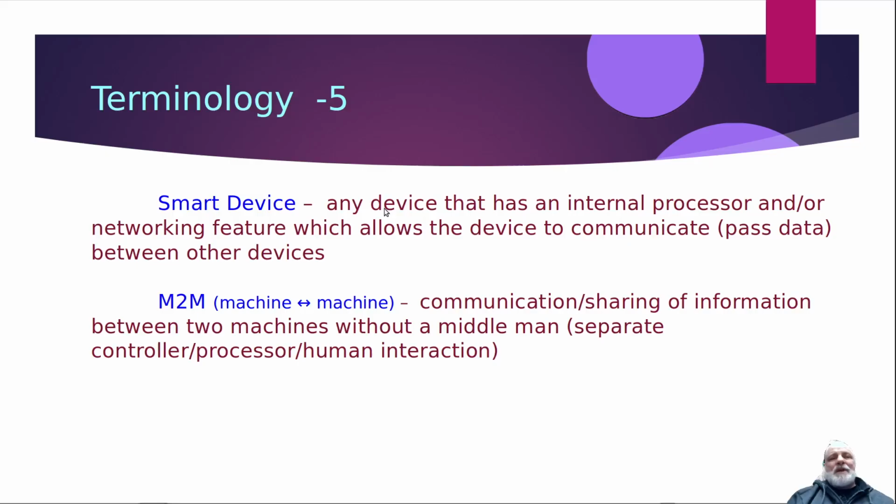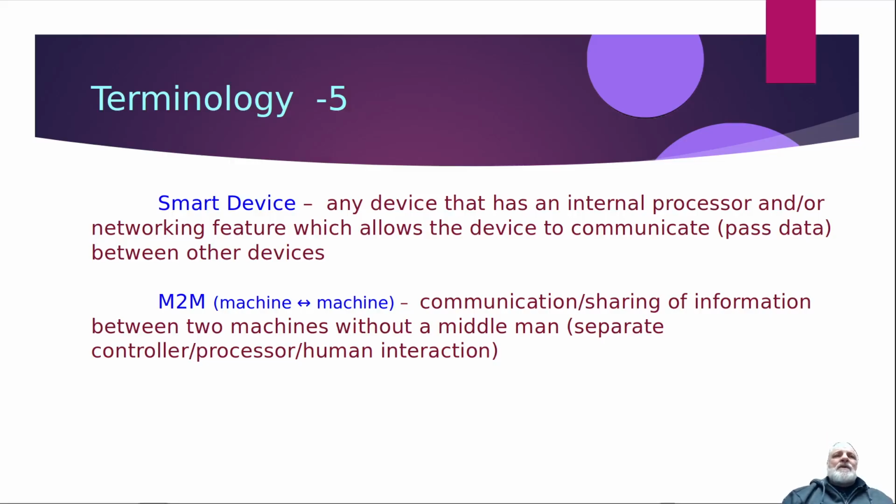Smartphones and tablets are probably the most obvious ones, but when we talk about the sensors and the actuators that we were just discussing, they can actually have their own little built-in microcontroller and communicate on the network, so you can talk to them directly.